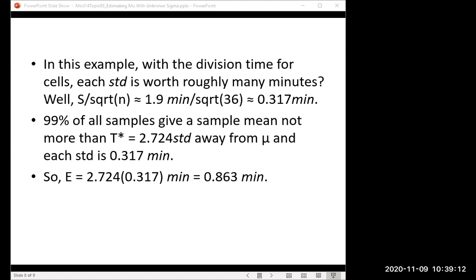And 99% of all the samples have a t-score between plus and minus 2.724 STDs. So the margin of error is 2.724 STDs times 0.317 minutes for each STD. And that's 0.863 minutes.